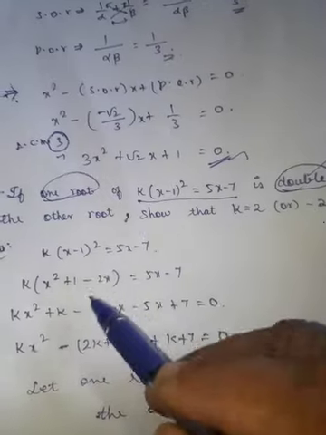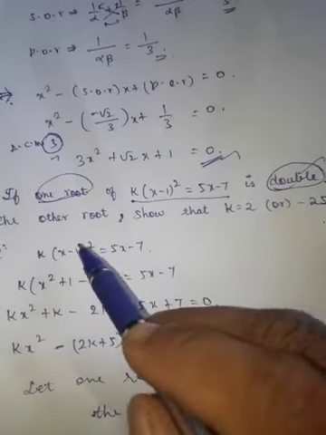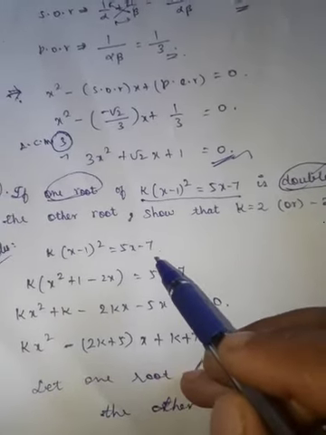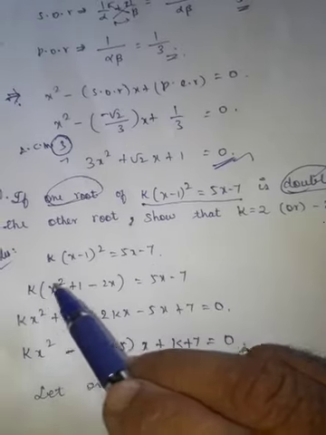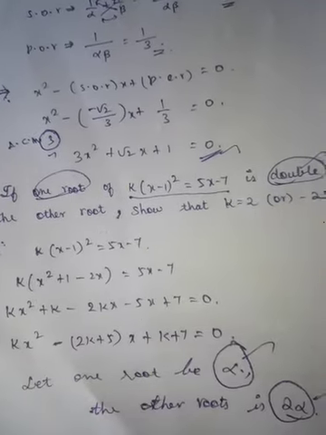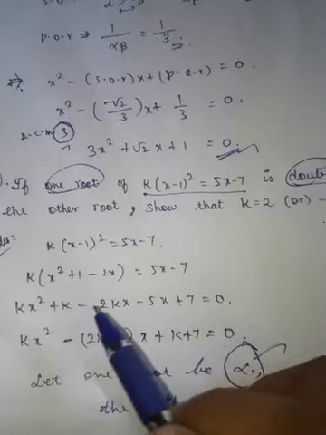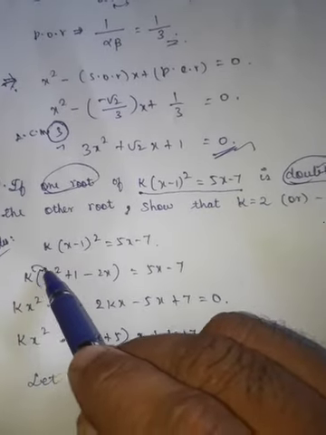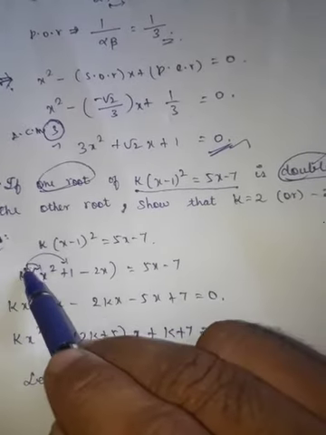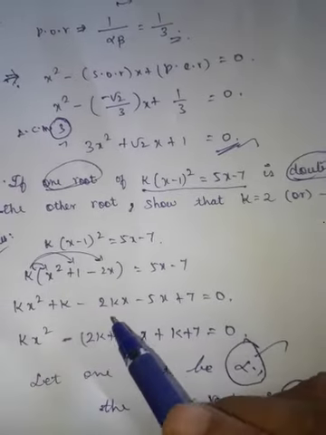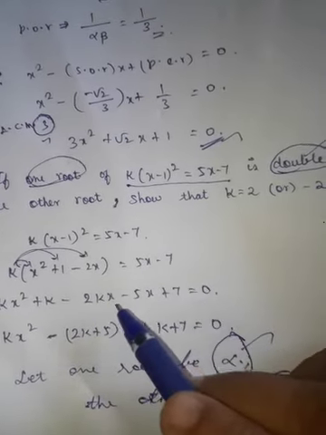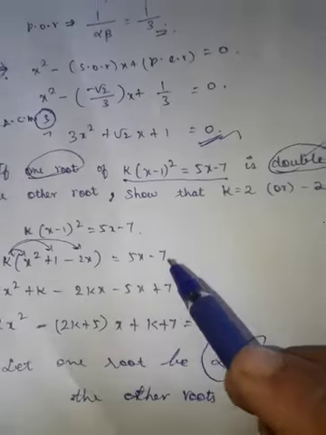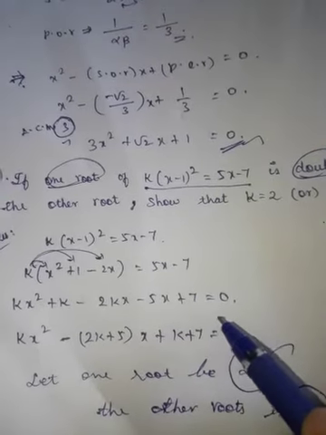We can arrange here k(x minus 1) whole square equal to 5x minus 7. This is an (a minus b) whole square form. If we multiply k inside, we get kx square, then k into minus 2x, minus 2kx. Then 5x comes to the left hand side as minus 5x, and minus 7 comes to the left hand side as plus 7 equal to 0.